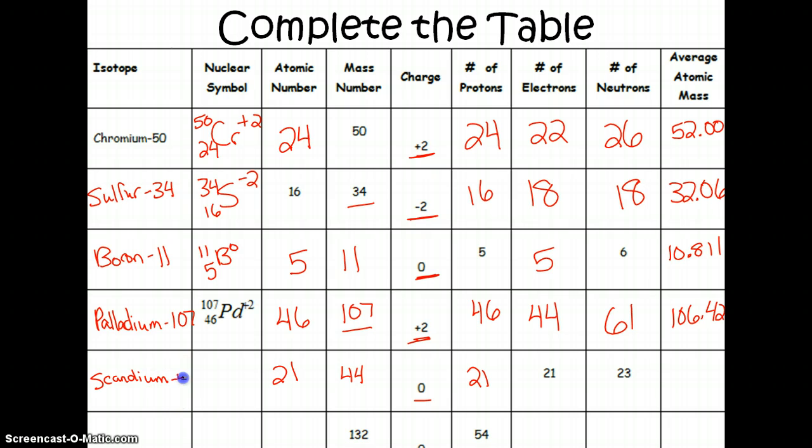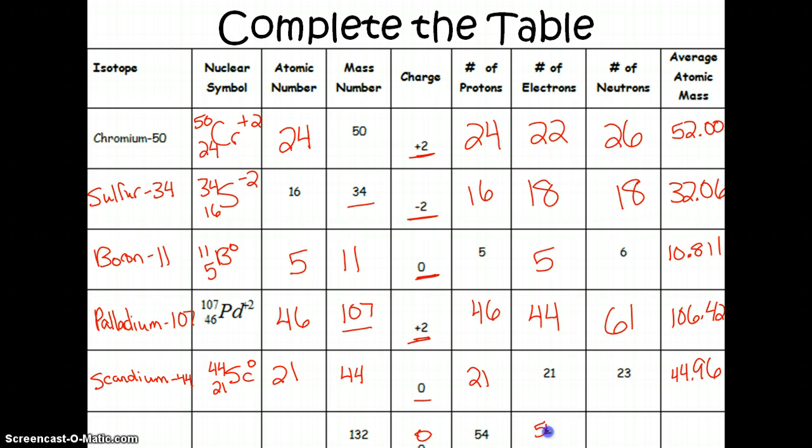Let's put a dash 44 there. Then our symbol, mass, protons, and charge, and the average atomic mass was 44.96.